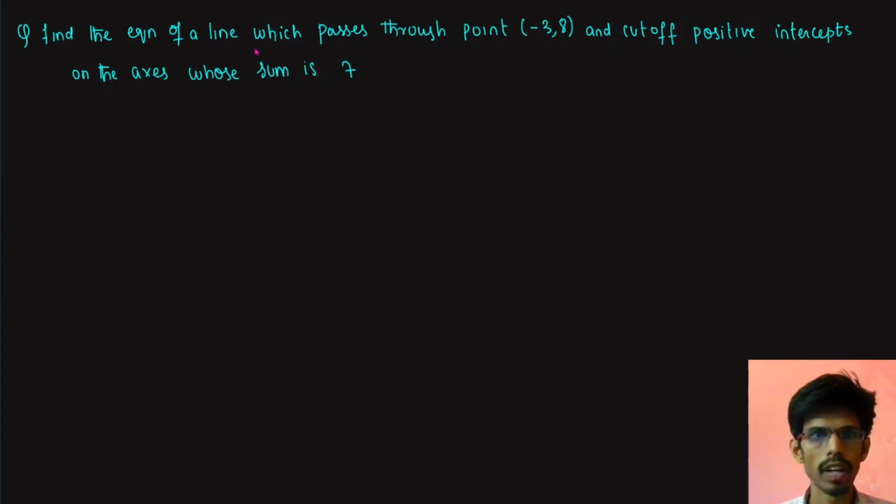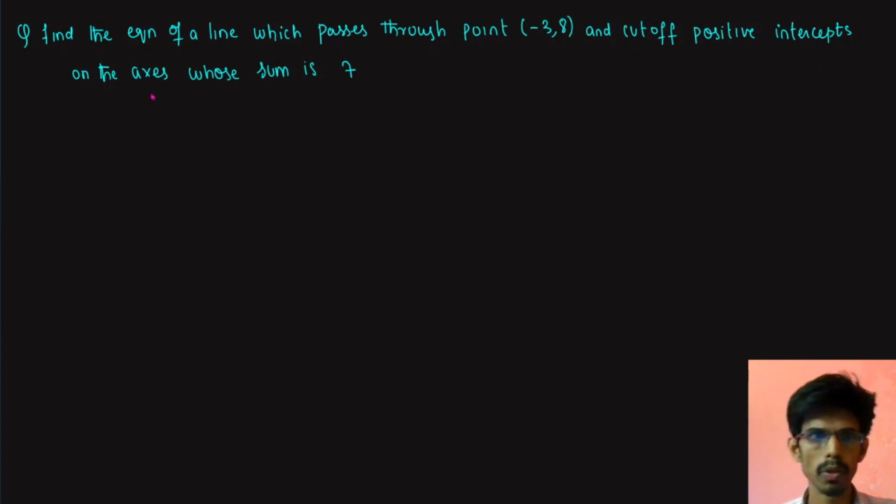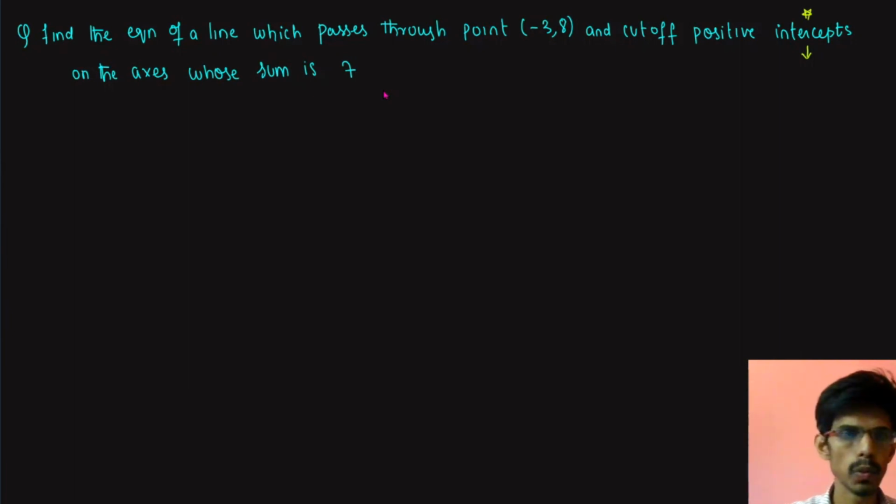Find the equation of a line which passes through the point and cuts off the positive intercepts on the axes whose sum is 7. Okay, whenever this word intercept comes, we may use the equation of a line in intercept form.